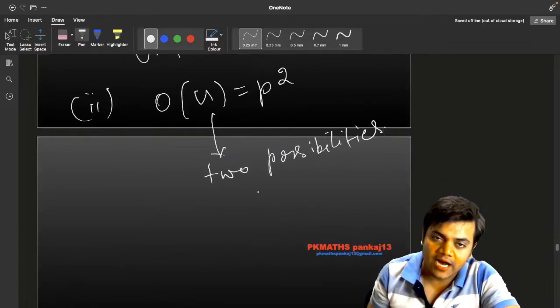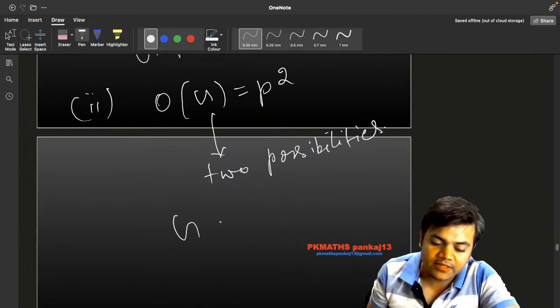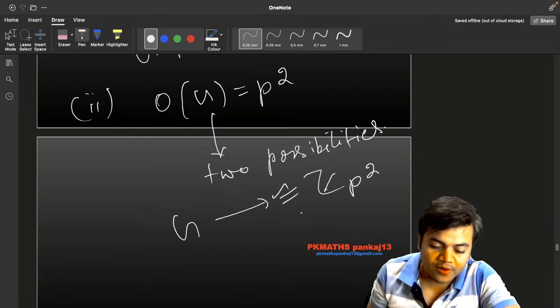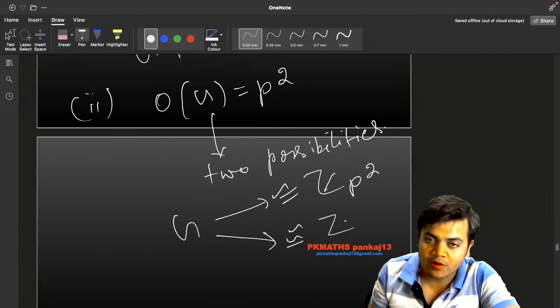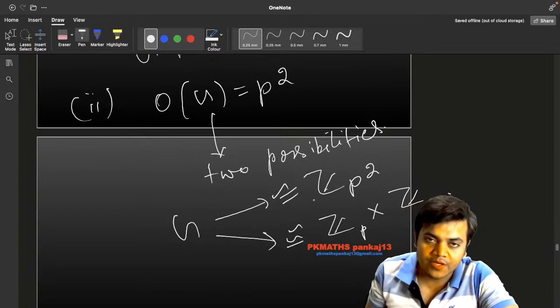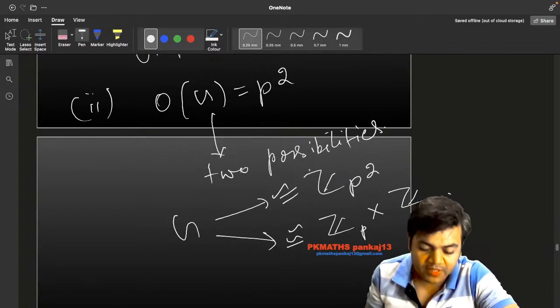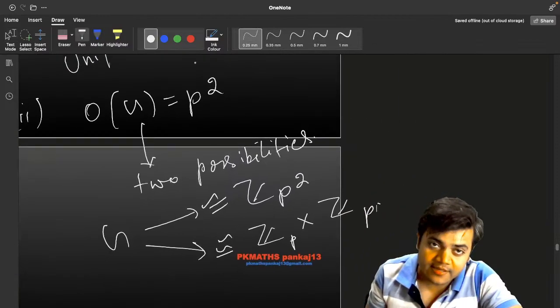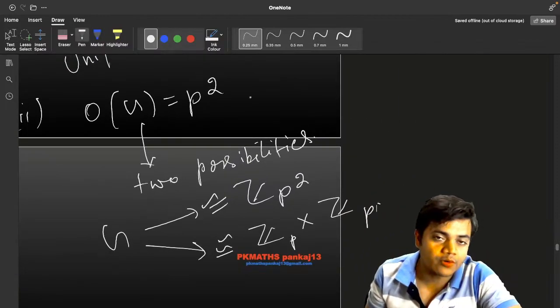Certainly our G will be either isomorphic to ZP square, or it will be isomorphic to ZP cross ZP. Certainly we are going to discuss some examples for sure, and CSIR used to ask questions on this.